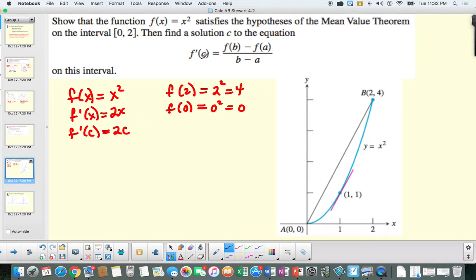So f'(c), which I already have, is 2c, is equal to f(2), which is 4, take away f(a), which is 0, all over 2 minus 0. So 2c is equal to 2, therefore c is equal to 1. This is the x-coordinate, and it's located right here in the interval where the instantaneous rate of change is equal to the average rate of change.